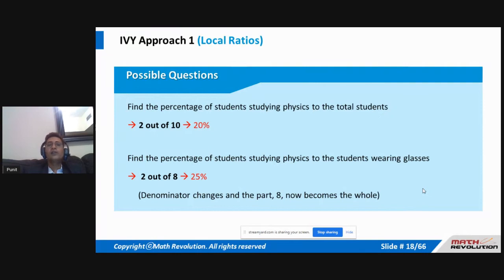So the number of students studying physics were 2, and all the students who were wearing glasses, including those studying physics, were 8. 2 out of 8 becomes 1/4, and a quarter of 100 is 25%. So now if you can understand, the denominator has changed from 10 to 8, which now has become the whole. So this is the basic concept of a local ratio, which we call IB approach 1, where your part becomes the whole.